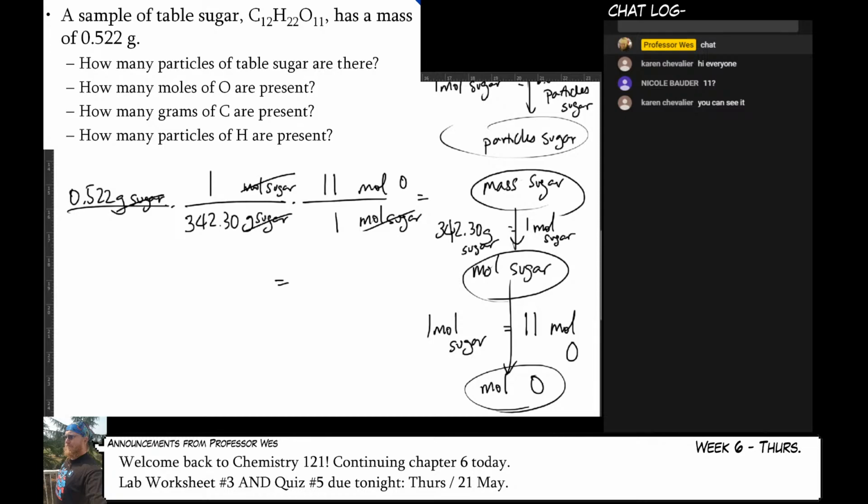My very professional stream here as I draw beneath a window that nobody can see. Alright, and when I did that, I got... Oops. I'm using the wrong end of the pen. 0.0168 moles of oxygen.